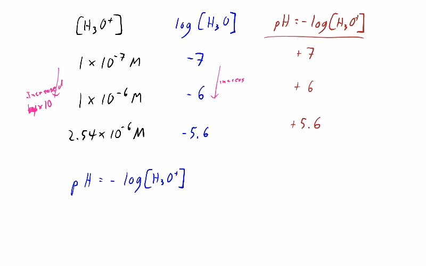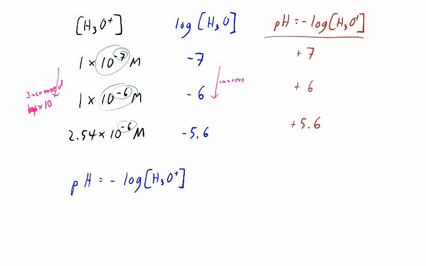Now, why would we do this? We just don't like negative numbers. All of the concentrations are very small, so we have exponents that are very negative and represent very small values. 10 to the negative 7 would be 1 10,000,000th. 10 to the negative 6 would be 1 1,000,000th.